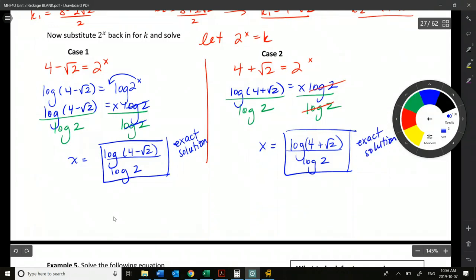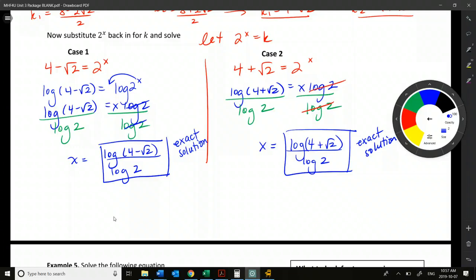And one thing that we just need to be careful about is that we're not taking the log of a negative here. So I don't think 4 minus the square root of 2 is going to cause that to happen. But if you happen in your solving process to be taking the log of a negative value or even the log of 0, that is not possible. So we would call that thing an extraneous root.